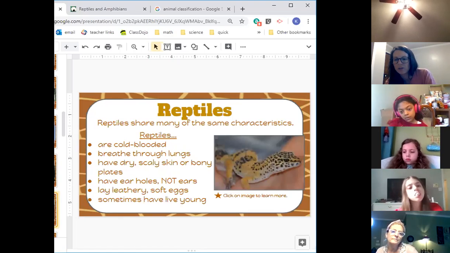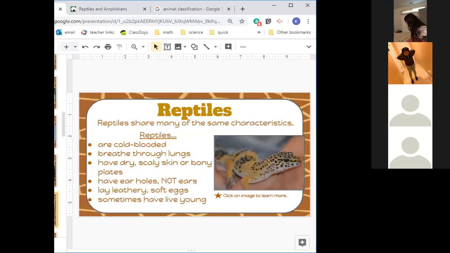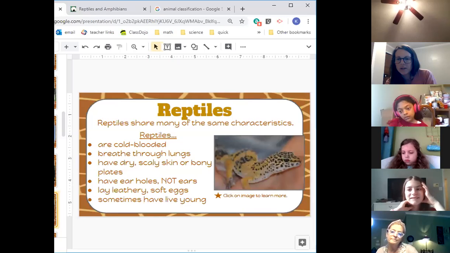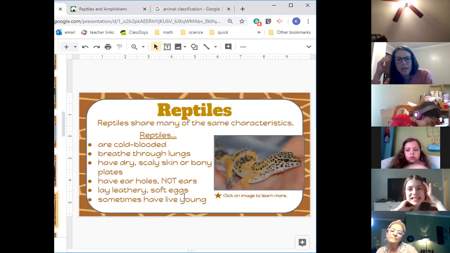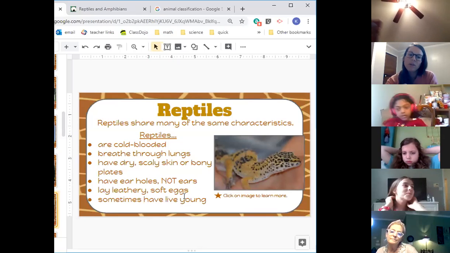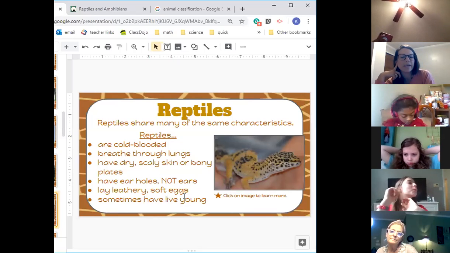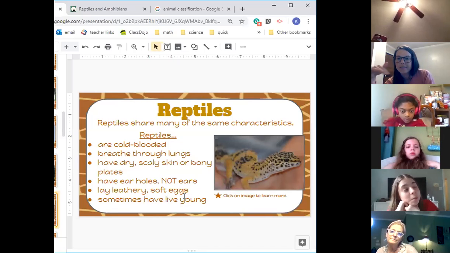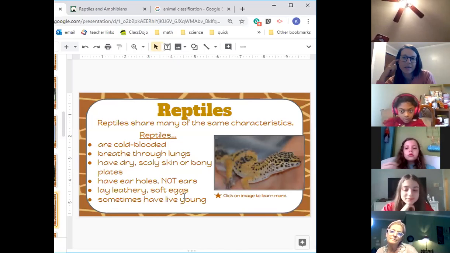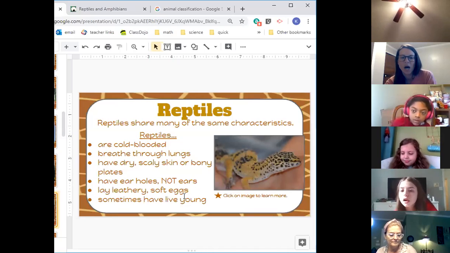Reptiles. Is Travis on here? Travis did his 4-H on reptiles. He loves reptiles. Jana, you studied a little bit about reptiles too. I know Jana likes reptiles as well. They breathe through their lungs. They have ear holes and not ears. So you're not going to see a snake sliming around with ears. You're going to see them have ear holes.